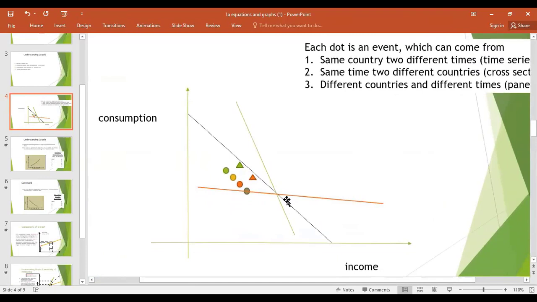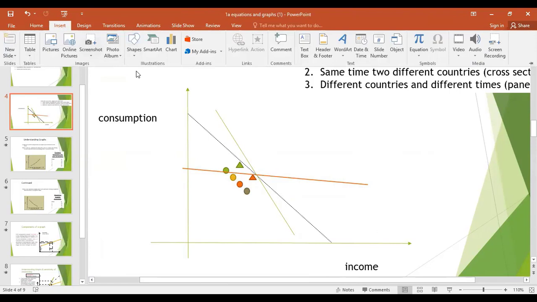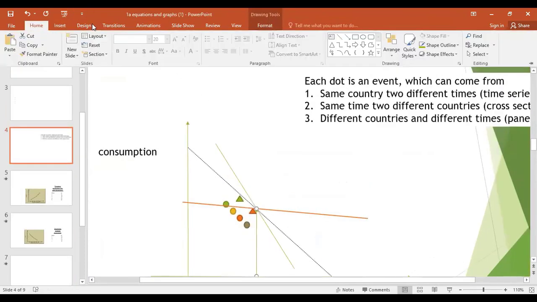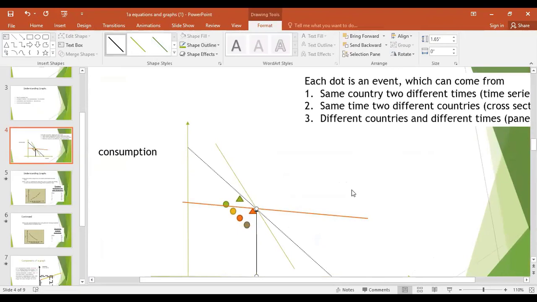Let me simplify it a little bit like this. Show it here. Suppose this is the reference point where all of them are equal. Okay, I will make it black. All of them are equal.